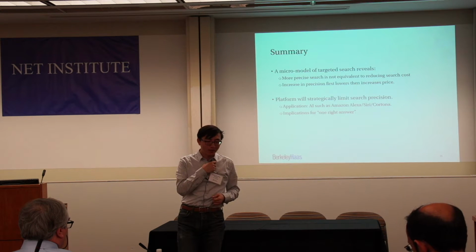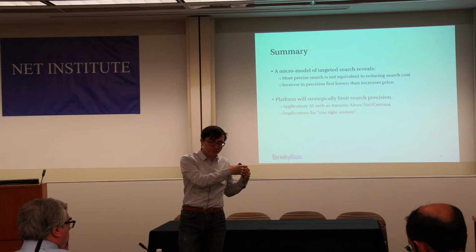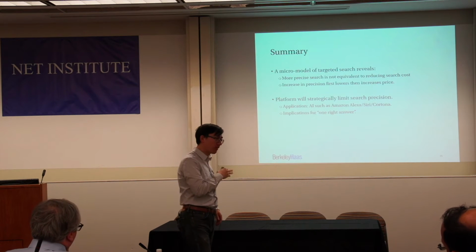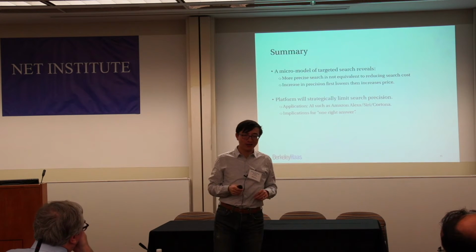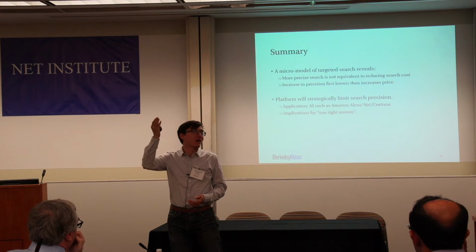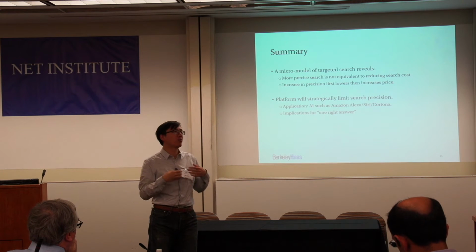Okay. Now, the implication of that kind of way of searching is that as a seller of that one right answer, I would have enormous incentive to jack up my price. Right? I want to charge more and more if I know I'm the only option that's going to be presented to consumers.